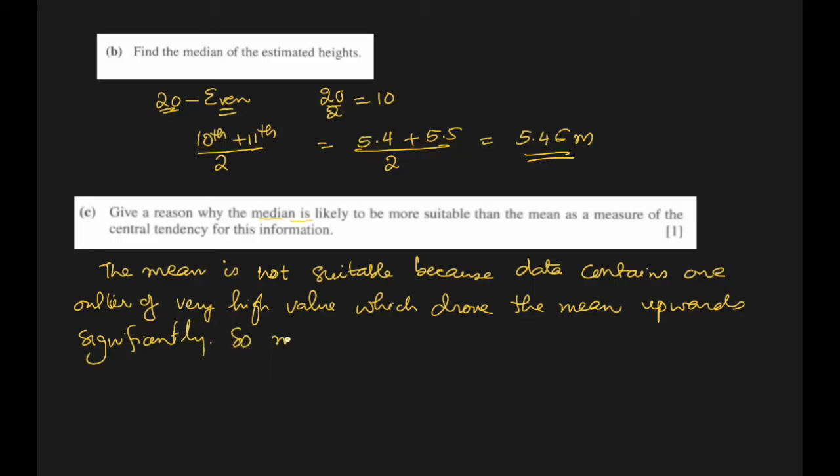So median is more suitable. Yeah, because in median 19.4 is just a count, so you will go down normally. So even if it was 100, that wouldn't make any difference, and that's why median is a better choice.